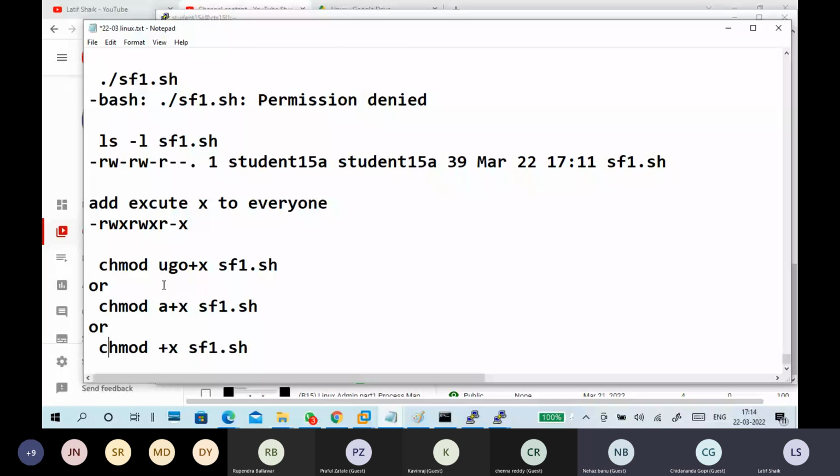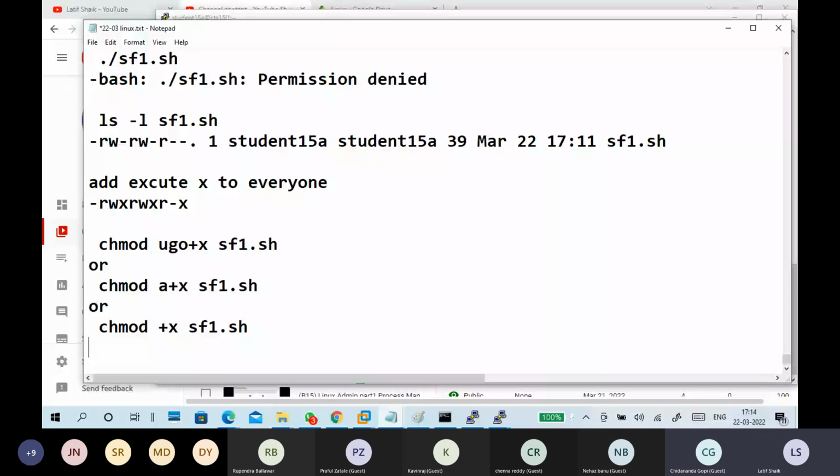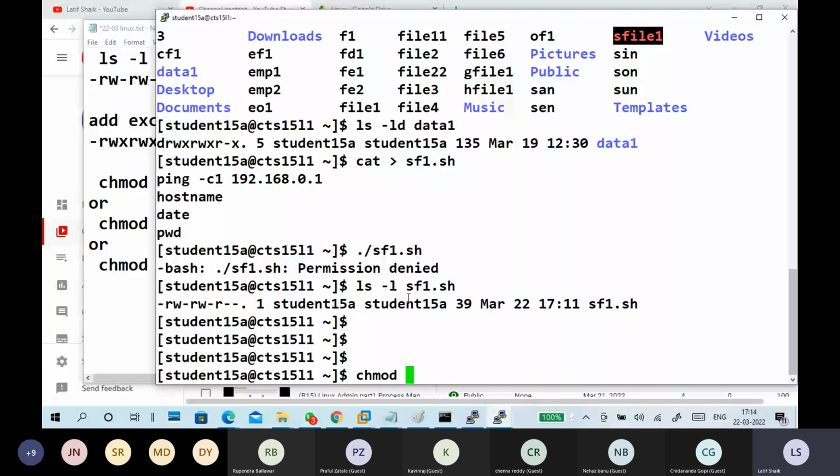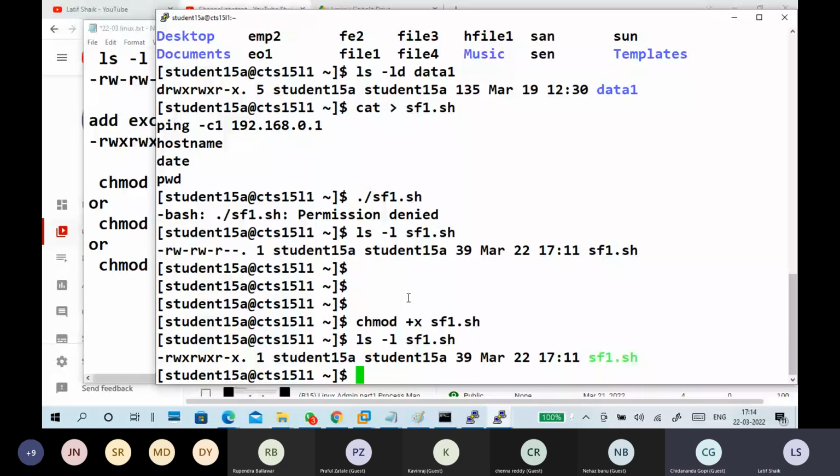I'm using the third way. chmod +x sf1.sh. So try. x is added to user, group, and others. The color of the file has also changed because it's an executable file.